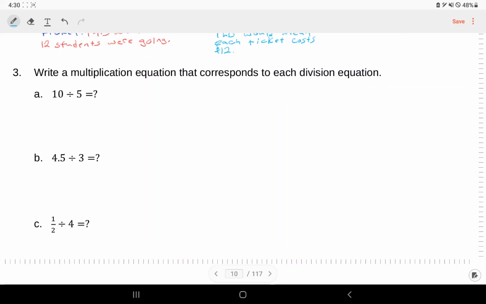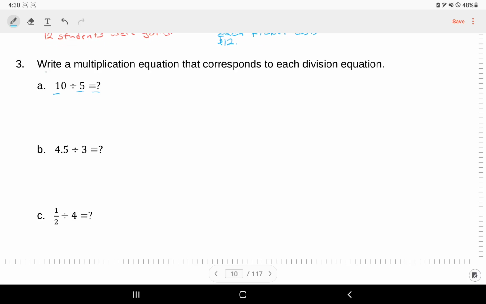Okay? Write a multiplication equation that corresponds to each division equation. So we've only got these three things here. We're not filling in other numbers. We're not answering the question. Okay? Got to pay attention to what the directions are. Write a multiplication equation. So, a couple of different ones we can do. We can do question times 5 is 10. 5 times question is 10.